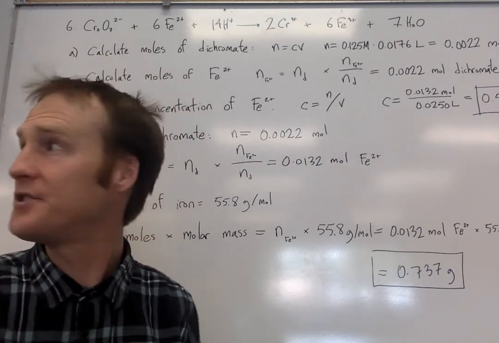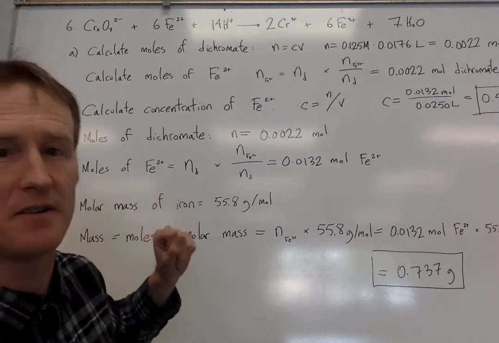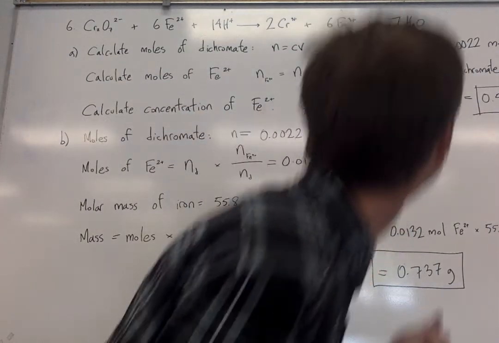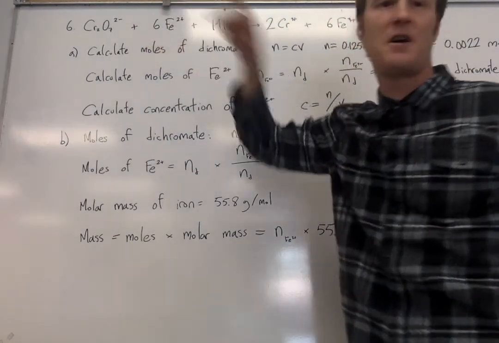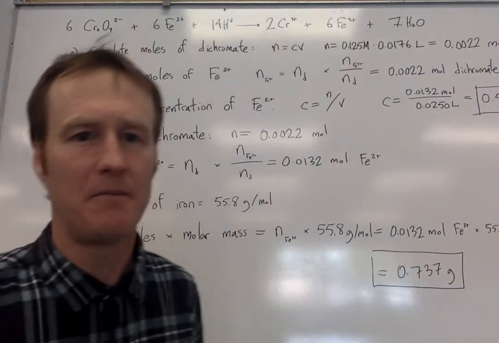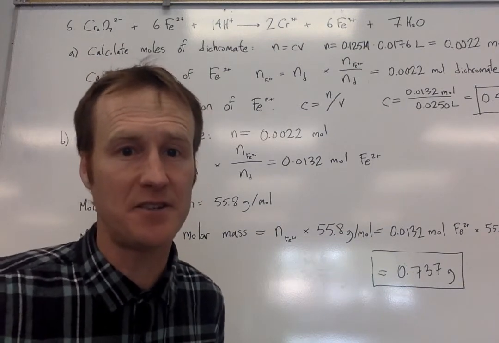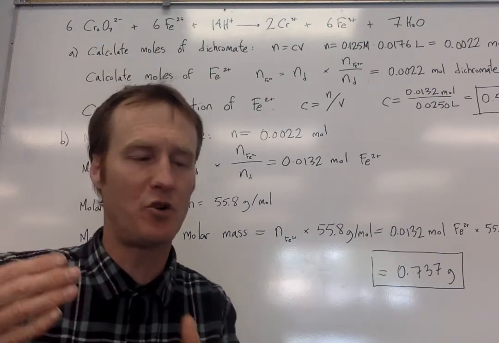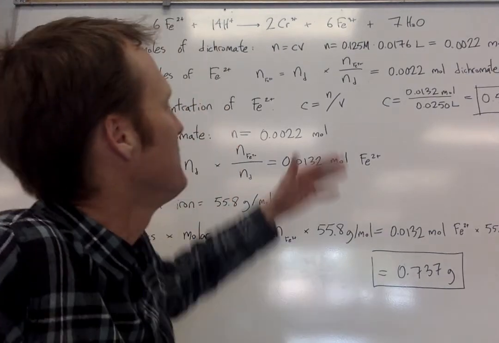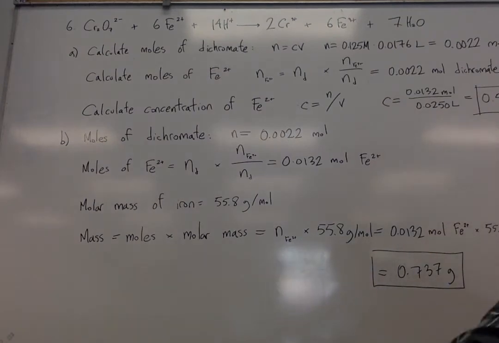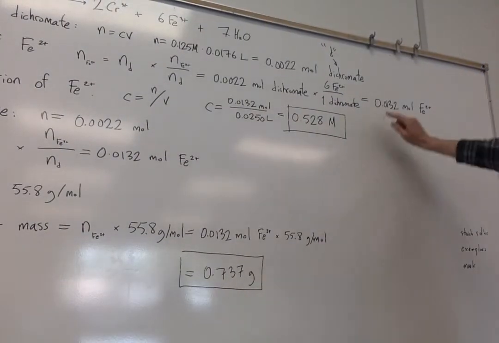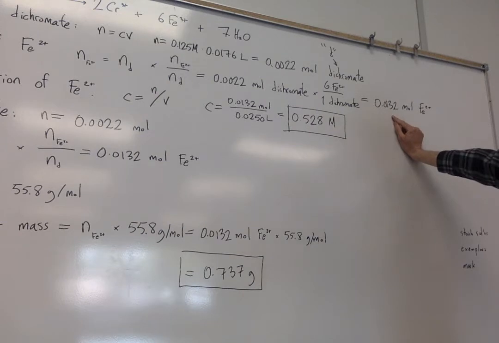What is the value for the molar ratio? Well, we can get it pretty easily. We have 6 Fe2+ for every 1 dichromate ion. 6-to-1 ratio. We're multiplying by 6. 6 Fe2+ per 1 dichromate. When you do that, you end up finding this value over here. Let me see if, no, it's not visible. I'll tell you what it says: 0.0132 moles of Fe2+. That's what you see right there.